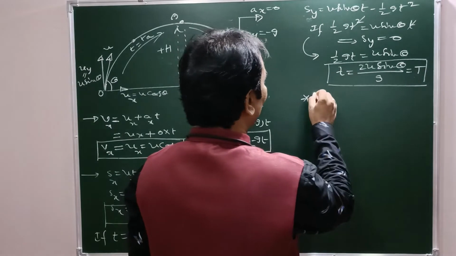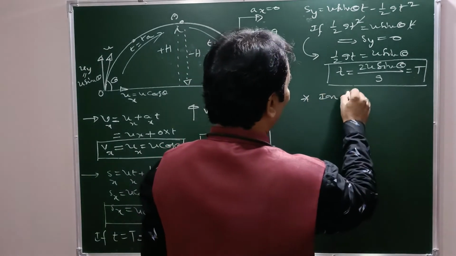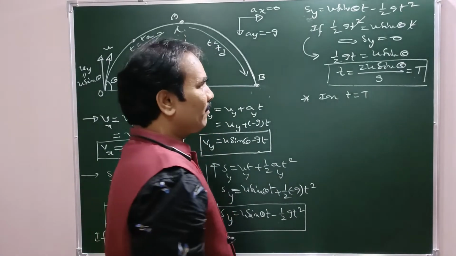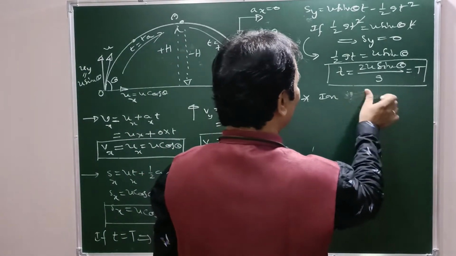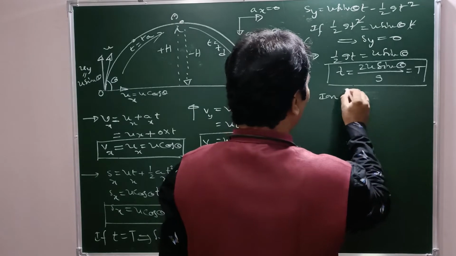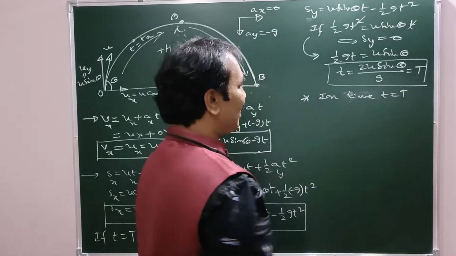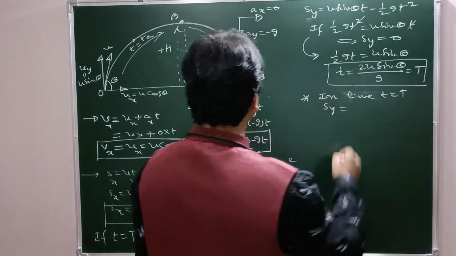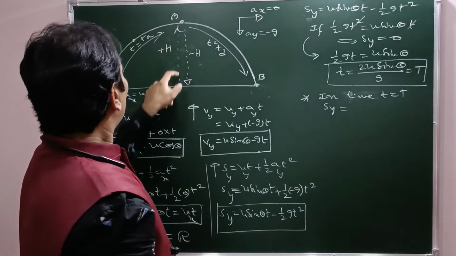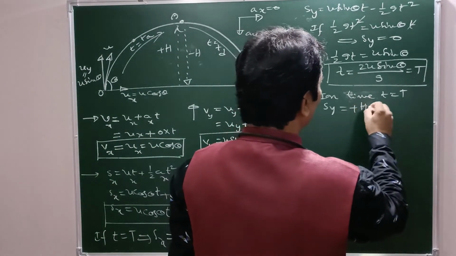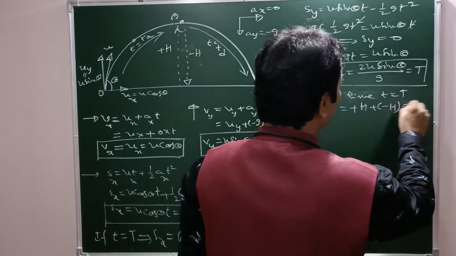So here, in time t equal to capital T, that is the time of flight, Sy becomes equal to plus h minus h, that is 0.